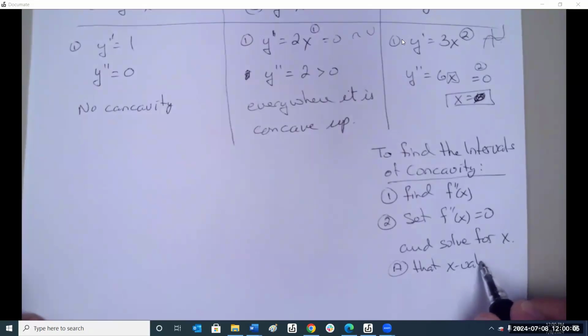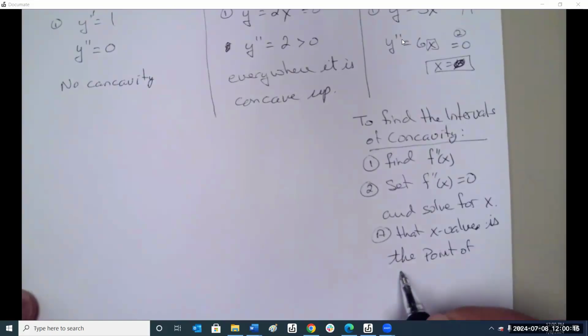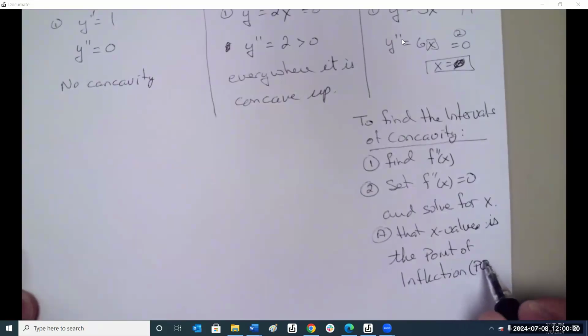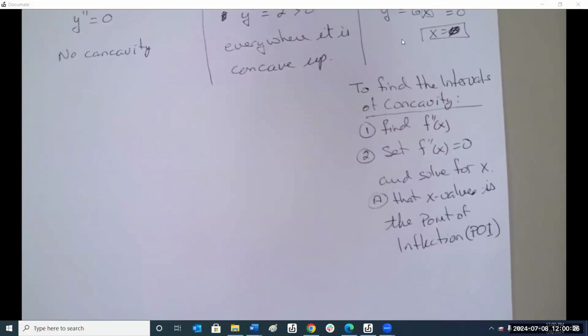That x value is the point of inflection, which I'm simply going to call POI from now on. Since we have a point of inflection, that means on one side it's going to be concave up or concave down, and the other side it's going to be concave up or concave down. Usually it's the opposite.